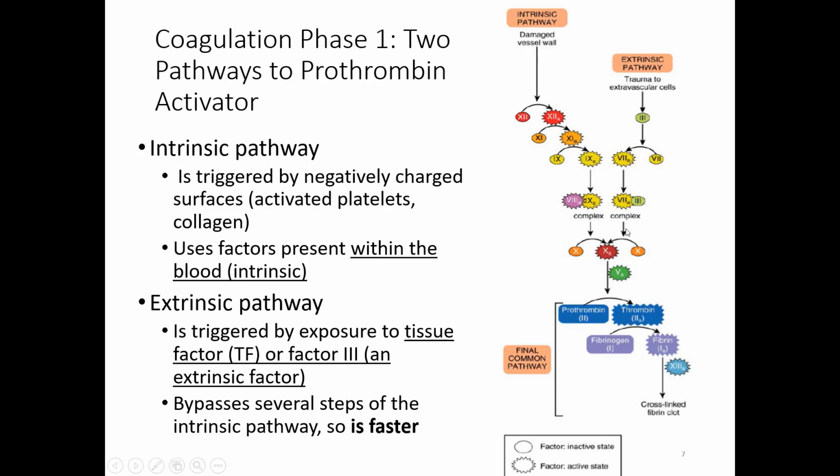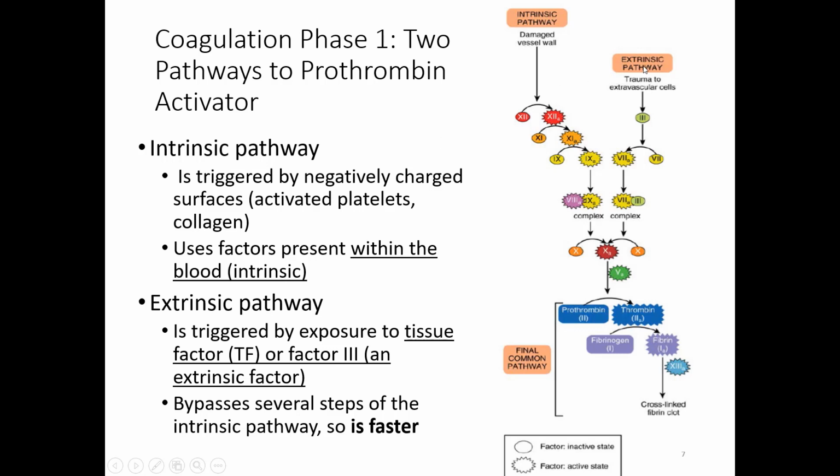And those steps can start from two places. First, they can start from the damaged vessel wall, and that is called the intrinsic pathway. It's triggered by activated platelets and collagen inside of the damaged blood vessel wall. So that's called intrinsic. It happens inside of the blood vessel.